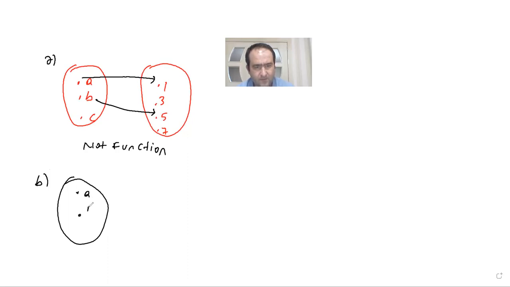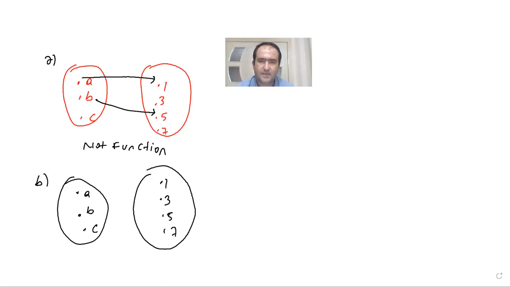For example, A, B, C, and 1, 3, 5, 7. Is it a function? Yes, it can be. Why?